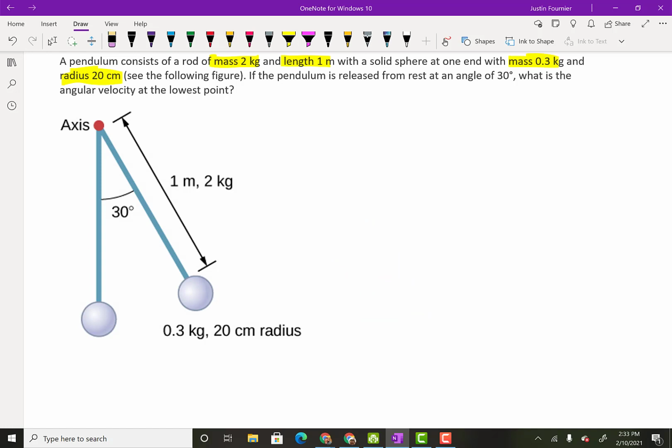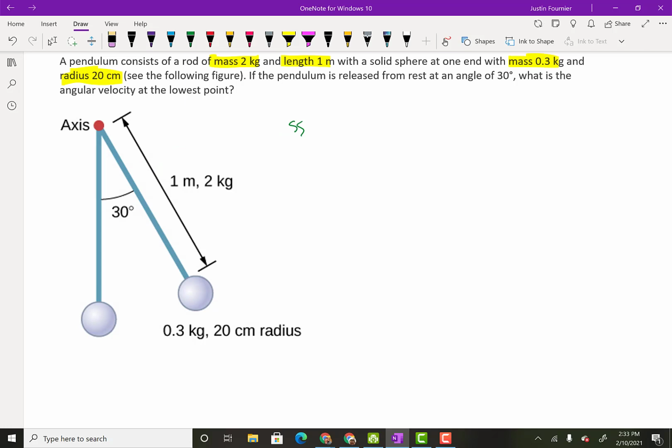Most of the time when we look at pendulums, we assume what's called an ideal pendulum. In an ideal pendulum, the rod is massless and rigid, and all the mass is concentrated down here. So I could just look at how this mass goes from here to here and use energy, and that's the end of that.